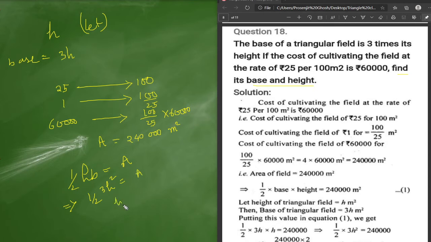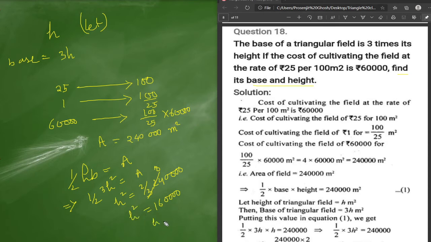So as you can see, h square is equal to 2/3 of 240000, and that is very easy to find. It will be cut as 8, then you will get 16 and another 4 zeros along. So it is h square.